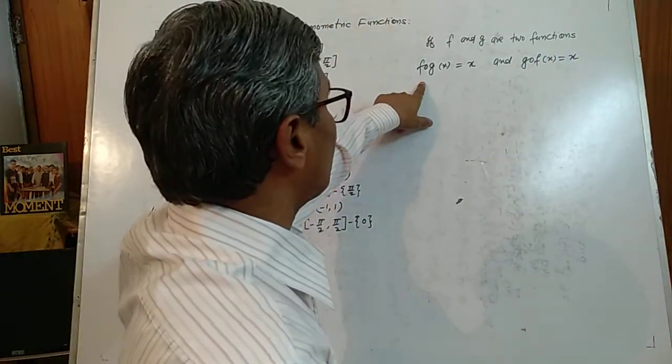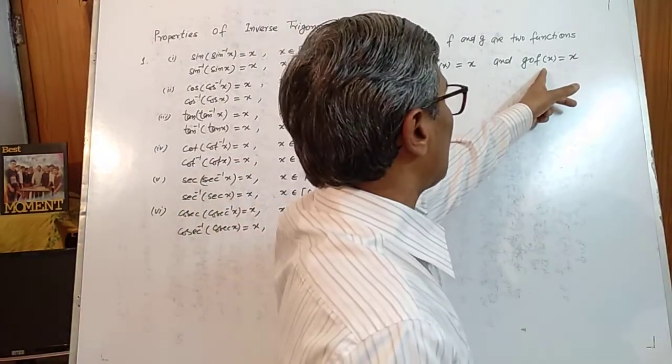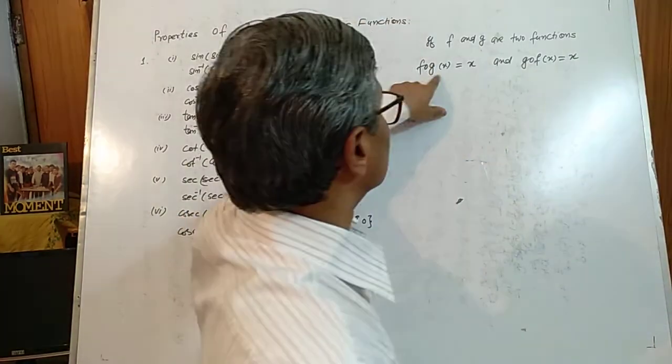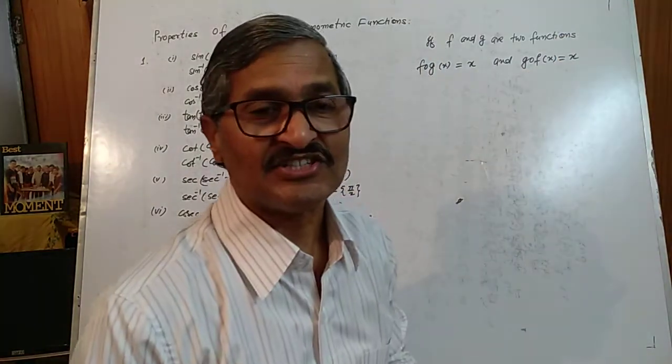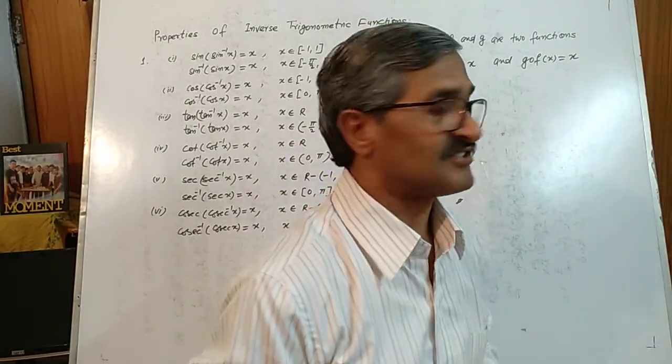These compositions, f of g and g of f, are identity functions.